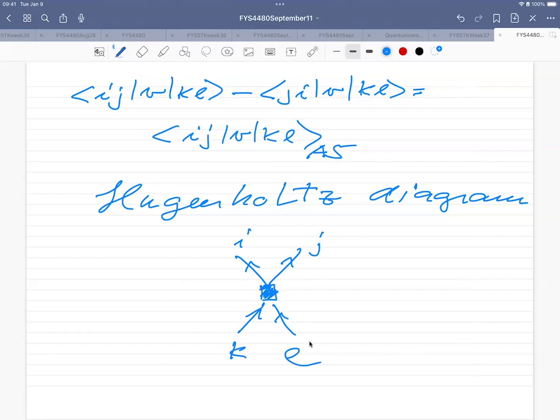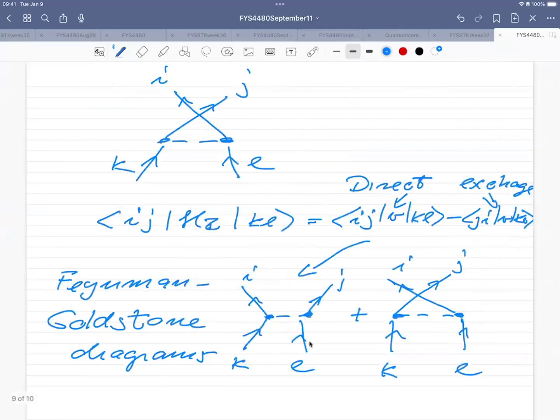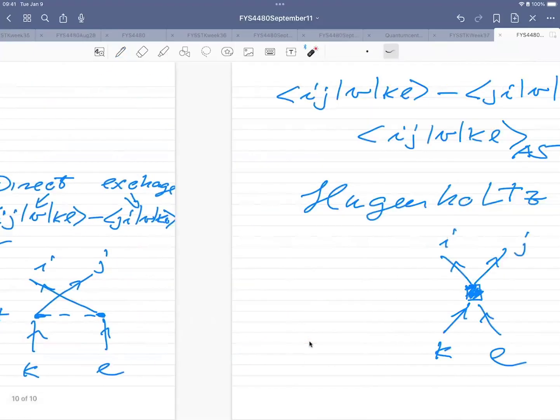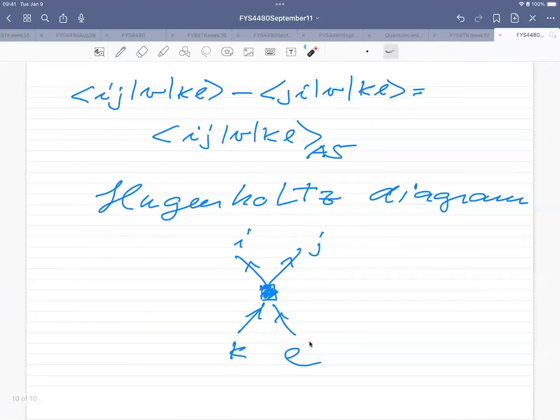Sometimes it's confusing, because people imply that they are using Hugenholtz diagrams with anti-symmetrized matrix elements, but they list the diagrams in the standard Feynman-Goldstone style. So unless the authors have specified properly what the interaction looks like, it can be a little bit confusing.